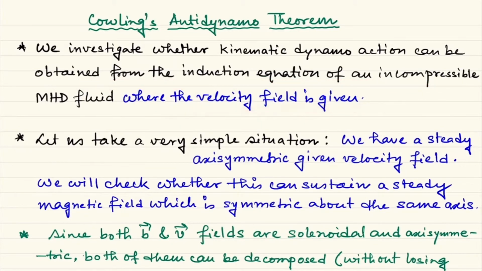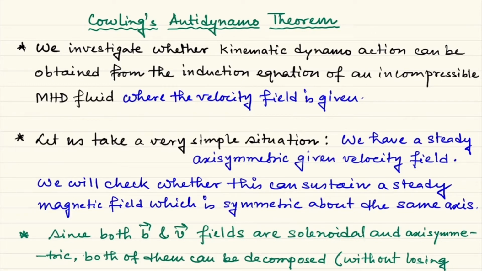So once again, for recapitulation, kinematic dynamo means that we will try to solve the induction equation where the velocity is given, the evolution equation is just a linear equation in B, and the magnetic field does not give any feedback to the velocity field through the Lorentz force.